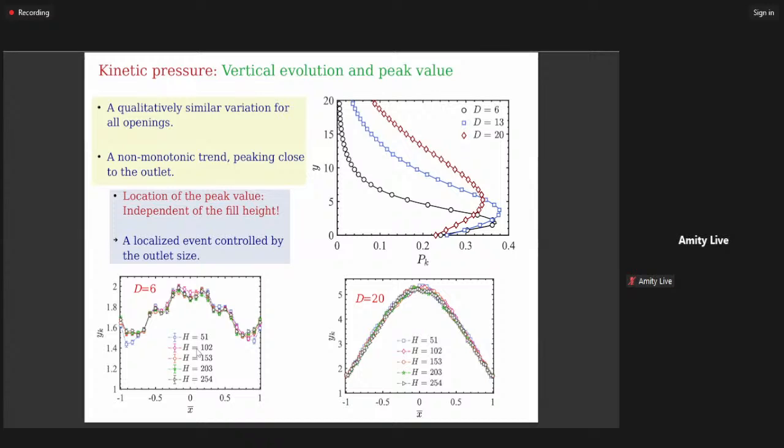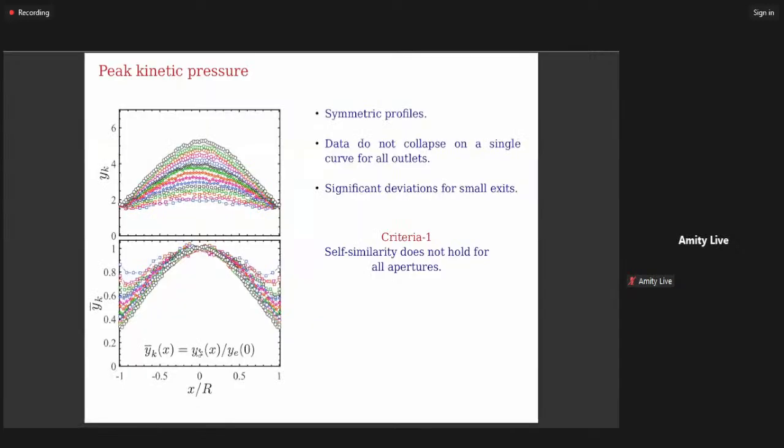So it is important to remark here that whatever is happening is essentially in the vicinity of the outlet. So the outlet essentially governs the phenomena primarily. Filling height is not of a concern here.